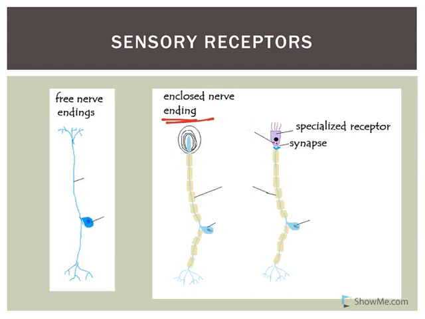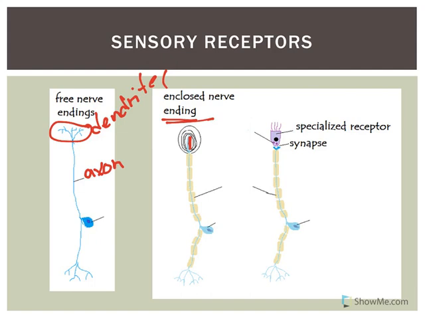Now, as a good reminder, showing you these sensory neurons, what you see here in blue are axons. Over here, this is a dendrite. These are dendrites. You see the dendrite here and there.